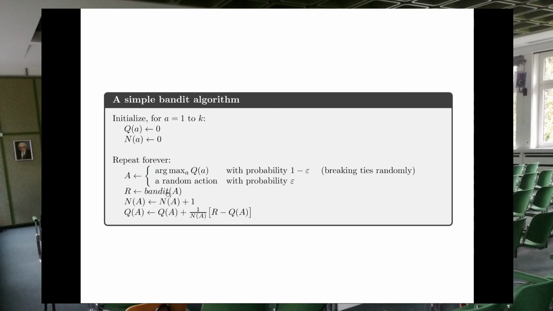Here we call the Bandit function, and the Bandit function is going to respond with a reward R. After that, you move the counter for action A. You add 1 because you have executed action A one more time, and then we update the average of the Q values, of the reward values, and this is an incremental way to compute an average.